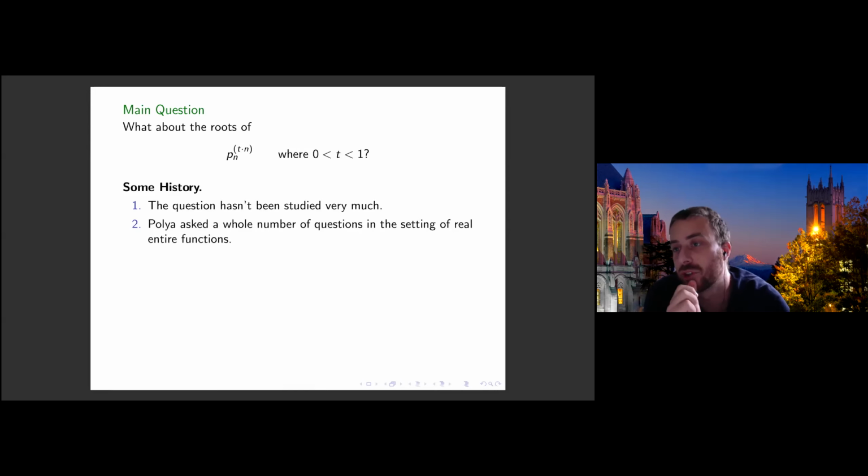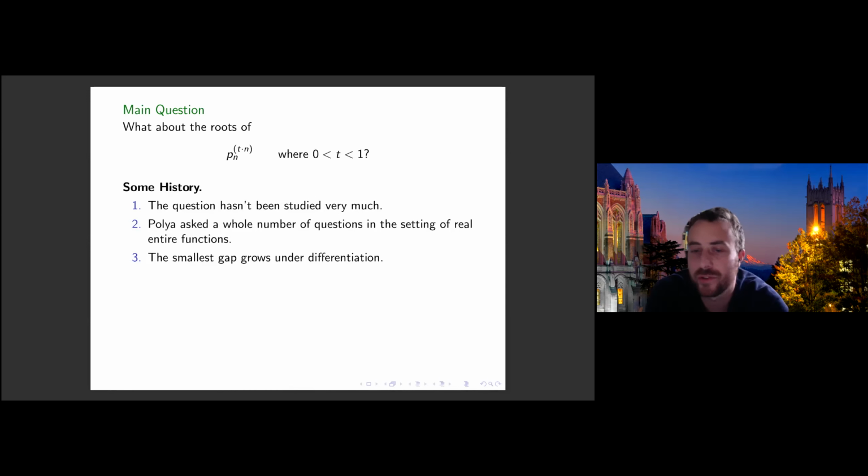Pólya comes close. He has a couple of questions that are philosophically related. I don't think he has this question in particular, but he's asking very related questions about the roots of entire functions and derivatives thereof.